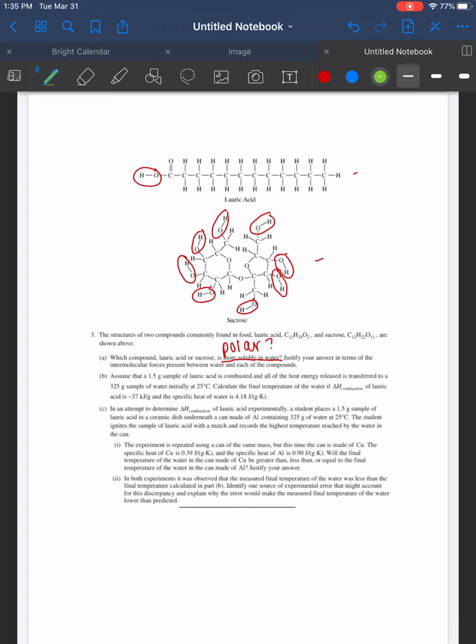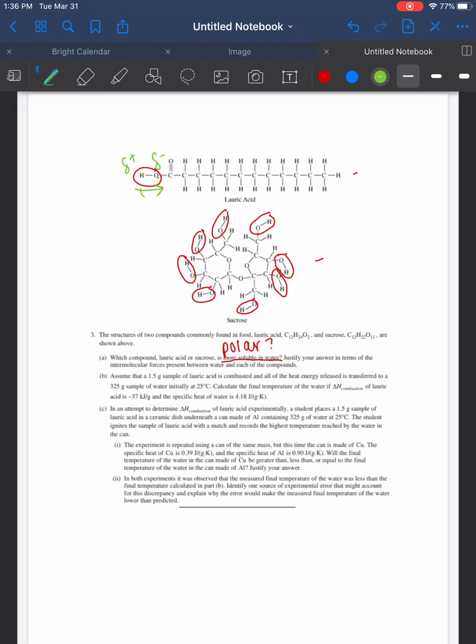So that means you are going to have a partial negative on the oxygen, partial positives here. Oxygen is more electronegative. So these are going to interact with other oxygens in the other lauric acid molecules. And the same thing happens here in sucrose.